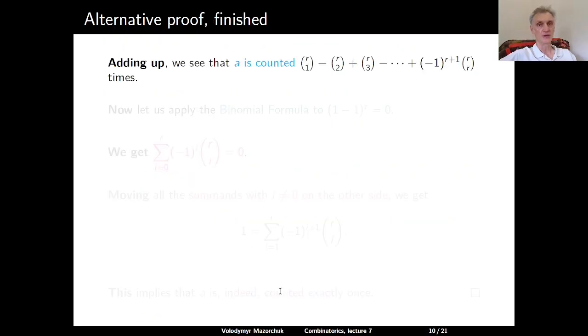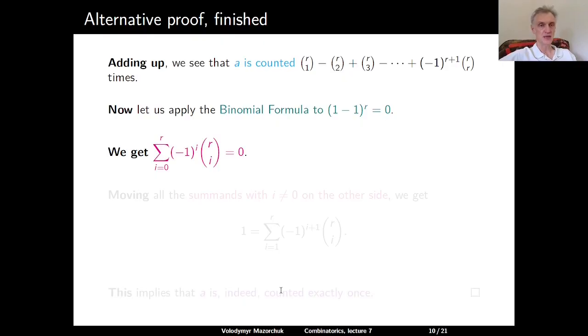If we add everything up, we get that a is counted r choose 1 minus r choose 2 plus r choose 3 minus, and so on, plus minus 1 to the power r plus 1, r choose r times. To understand what this gives, let us apply the binomial formula to the expression (1 minus 1) to the power r, which is of course equal to 0. So if we apply the binomial formula to the left-hand side, we get the sum over all i between 0 and r of minus 1 to the power i, r choose i, and this is equal to 0.